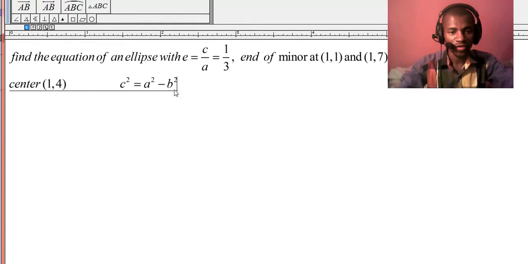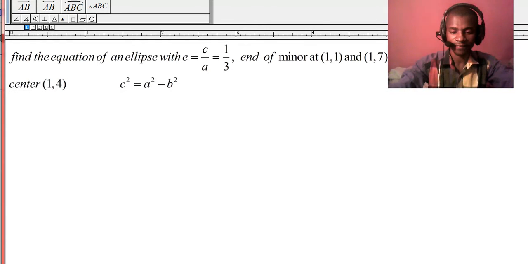And then, if that is the case, we know the minor axis, let's just start with minor here because minor is the one that we have. Minor is given by 2b.